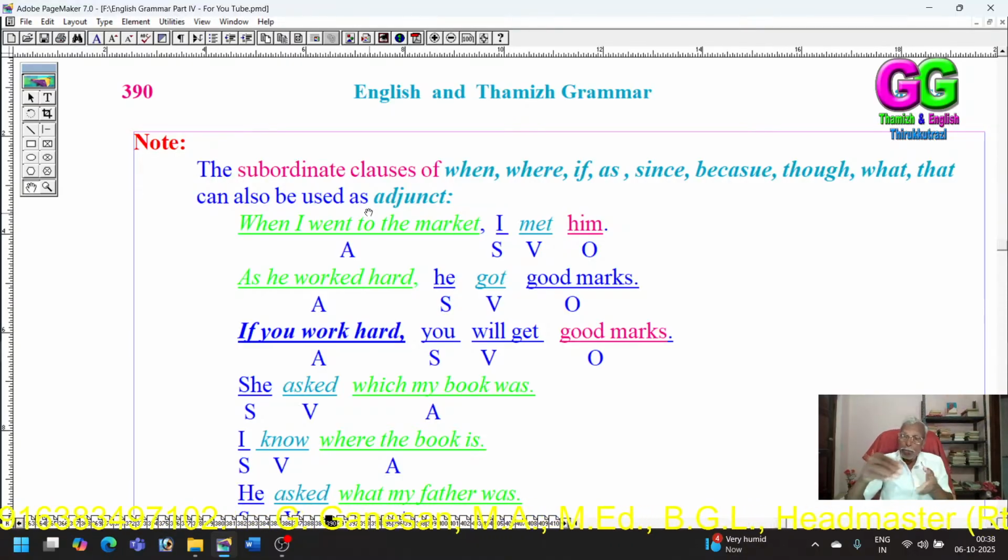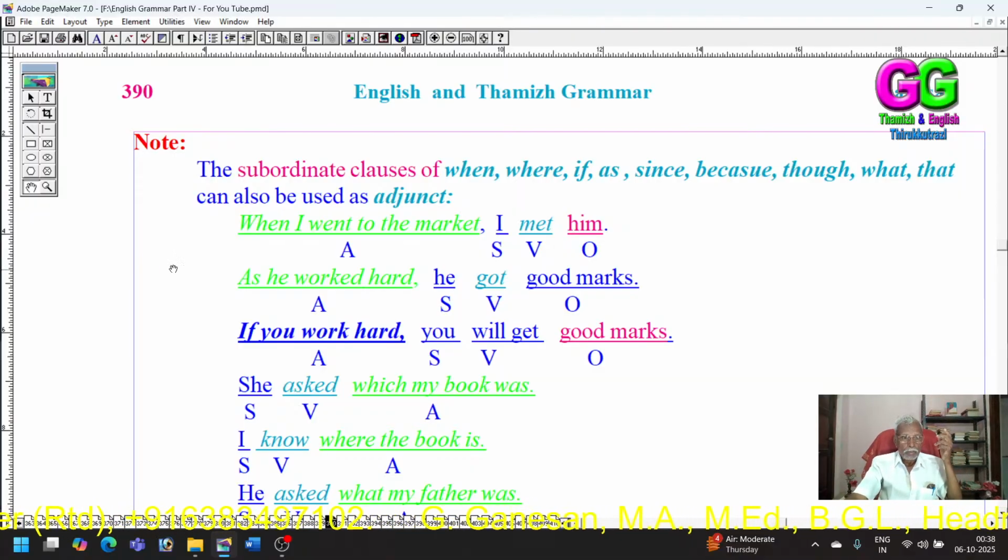Instead of those five elements, the subordinate classes of these conjunctions can be used as adjuncts.